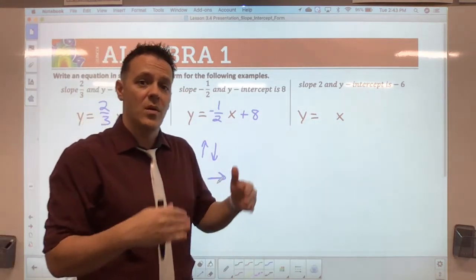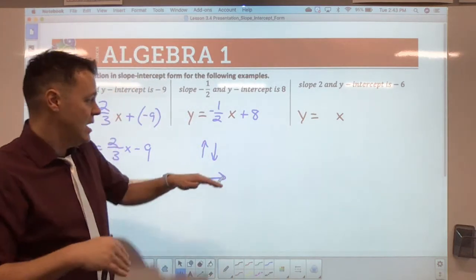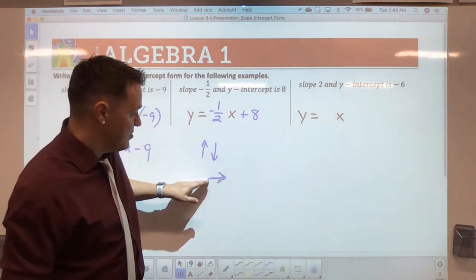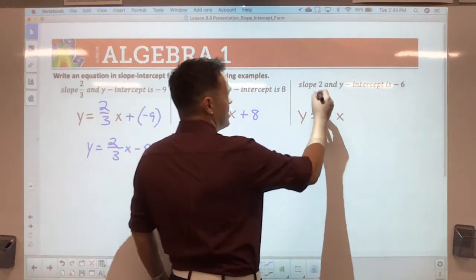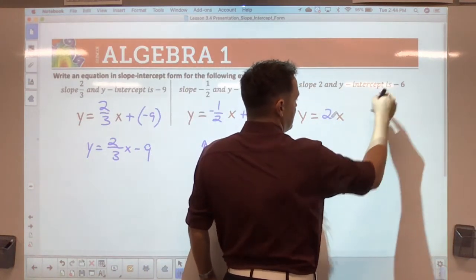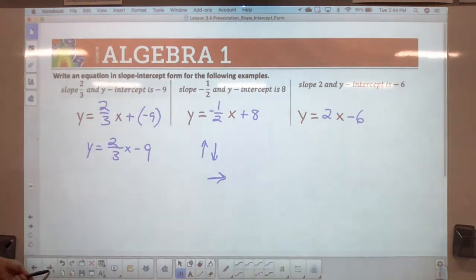That is why I always try to put the negative on the top number. So you know this would be a -1 going down and then positively going 2 to the right. That's how you graph it, and that's how this slope works. All right, the slope of 2x, and the y-intercept is -6. Simple enough. All right, ladies and gentlemen, your turn.